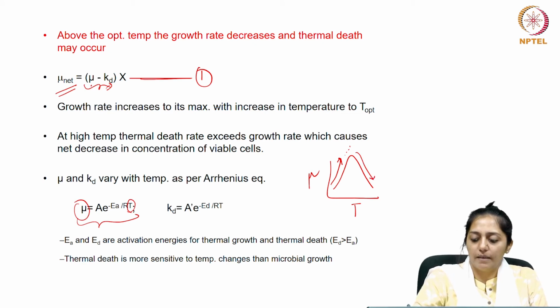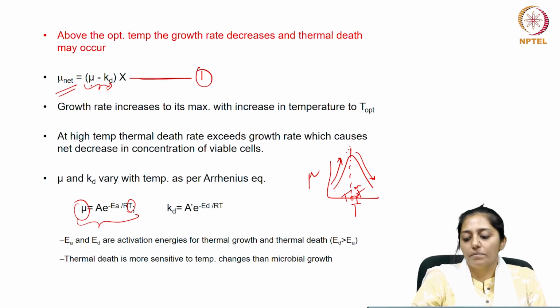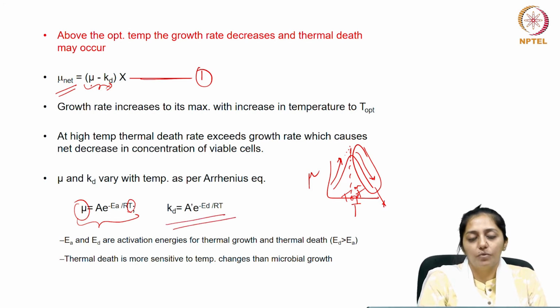And the thermal death rate after that optimum temperature, if we continue to increase, then you will observe that the net growth rate of the culture will start decreasing, which is due to the thermal death rate, which is again analogous to the Arrhenius equation. The difference is that the death rate now has a negative sign, and it is denoted as Kd, the specific death rate.